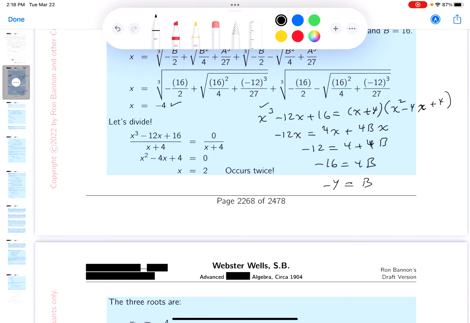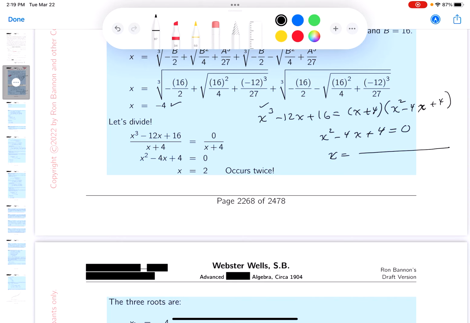Now, what's nice about the remaining problem is it's quadratic. It's pretty easy to solve. So I'm going to erase my coefficient equating here and solve that quadratic now for its roots. So what's that mean? x squared minus 4x plus 4 equals 0. x equals, that's going to be 4.